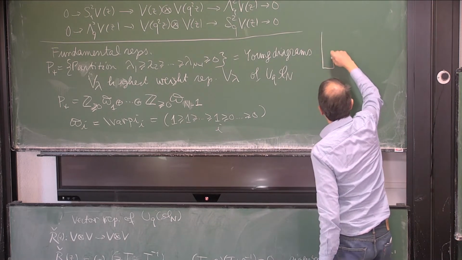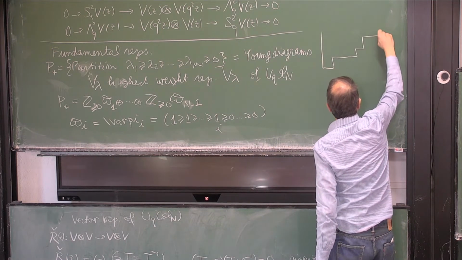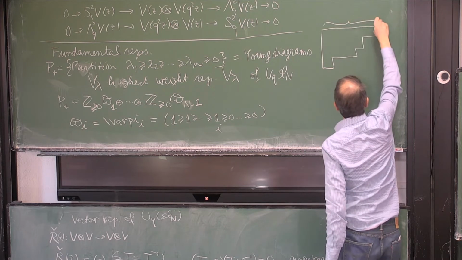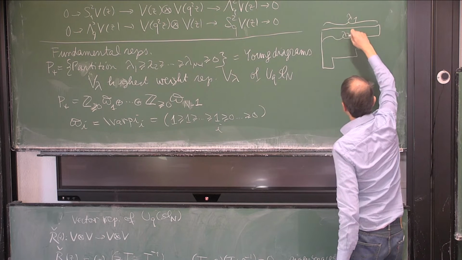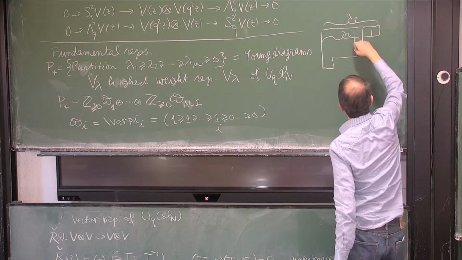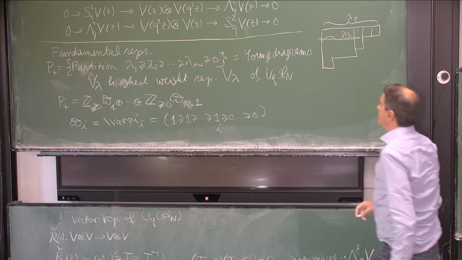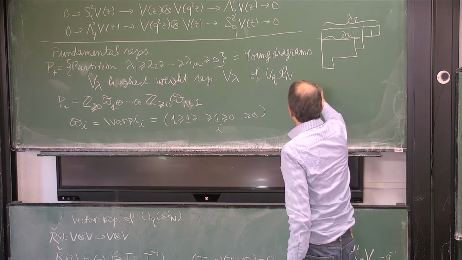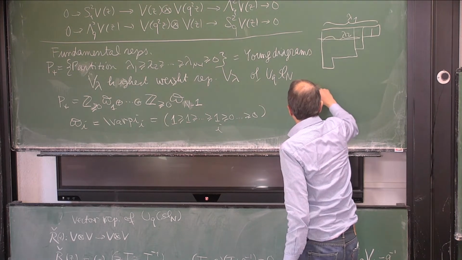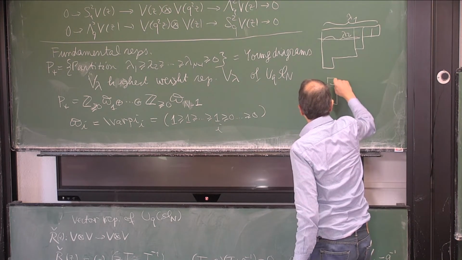When you draw them in this way, this would be lambda 1, this would be lambda 2, and so on, boxes. And so the fundamental weights omega i would be these column diagrams of length i.